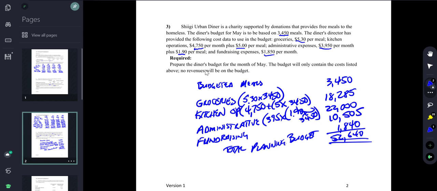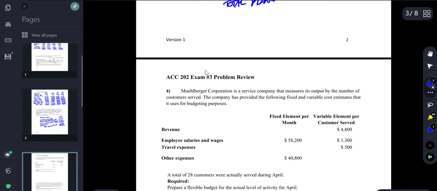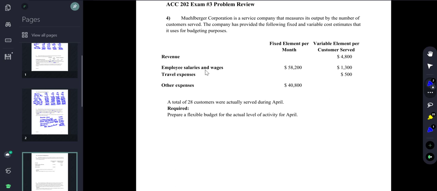For the next item that we have, number 4. Muhlenberger Corp is a service company measuring its output by the number of customers served. They provided the following fixed and variable cost estimates. They want us to prepare a flexible budget for the actual level of activity in April.